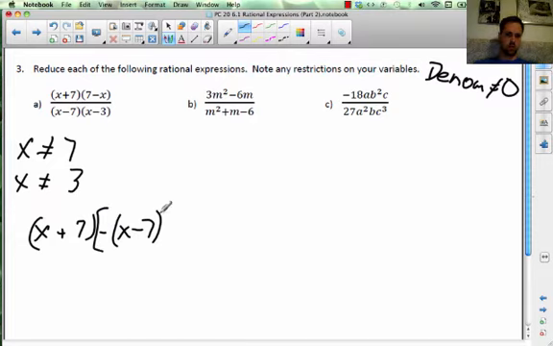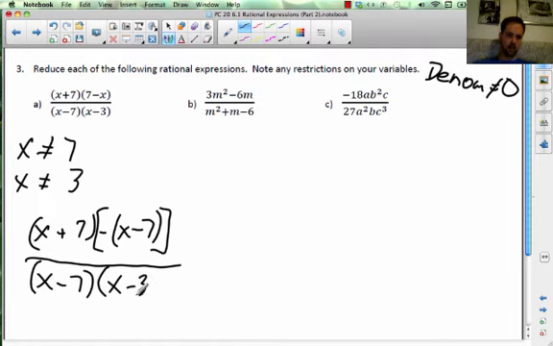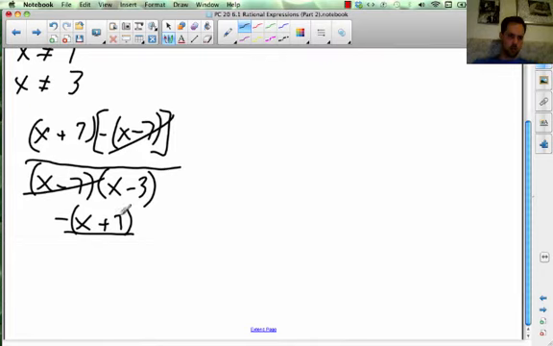Of course, this has to be multiplied still. And then, since we have the same factor in the numerator and the denominator, that factor can cancel, and we are just left with the negative of x plus 7 divided by x minus 3. And we're done.